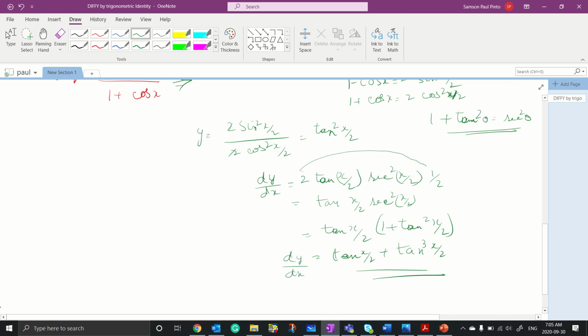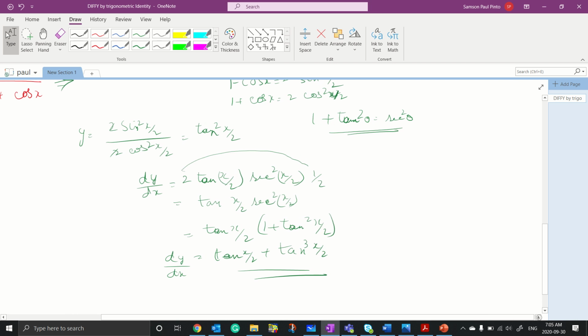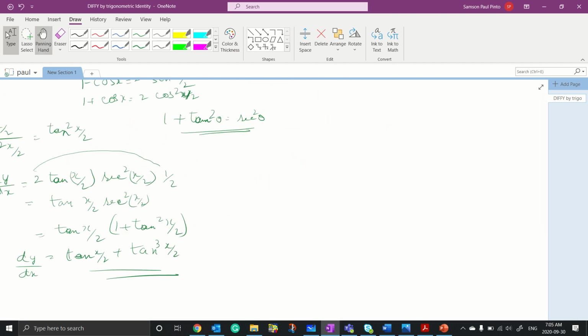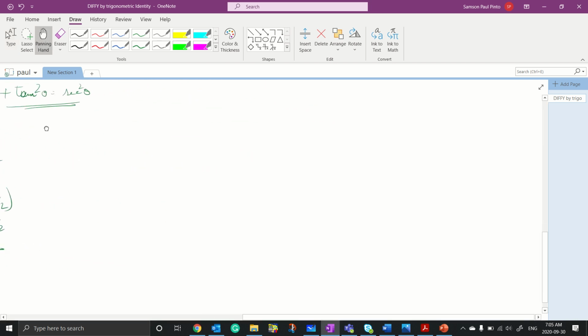So a few points to remember here. I will actually note down a few points for you to remember. Okay, let me note them down for you somewhere here. The points are quite simple actually. The first point is, avoid the product rule and quotient rule.